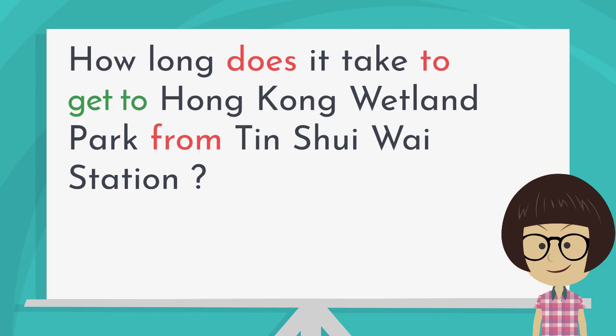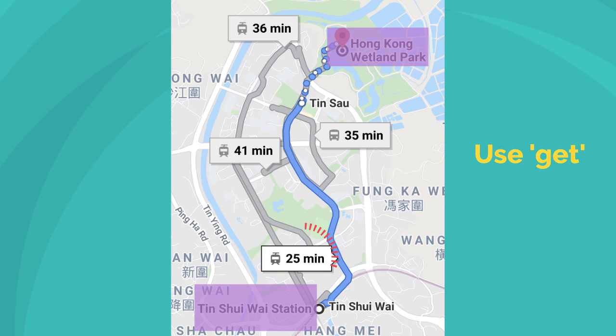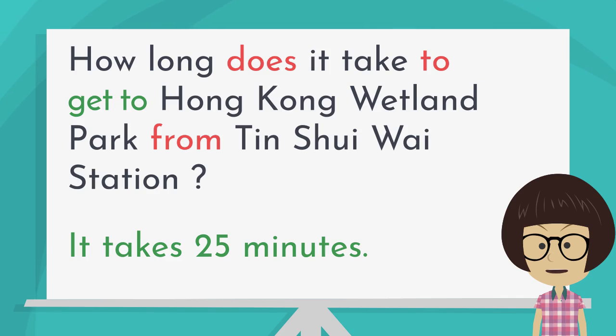The question is, how long does it take to get to Hong Kong Wetland Park from Tin Shui Wai Station? Remember, the destination should go first if we use the word get. And what is the answer? The answer is, it takes 25 minutes.